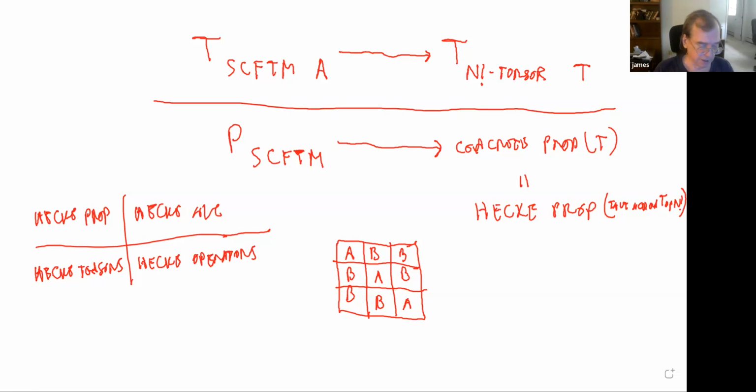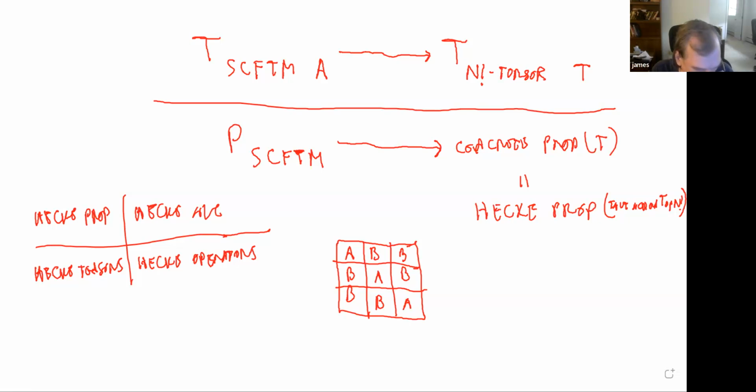I mean, logically atomic relation is supposed to mean like, it can't be broken up into a disjunction. Mm-hmm. So it means all one connected orbit. So yeah. So this is like that, and now I'm saying it works the same way for Hecke tensors.